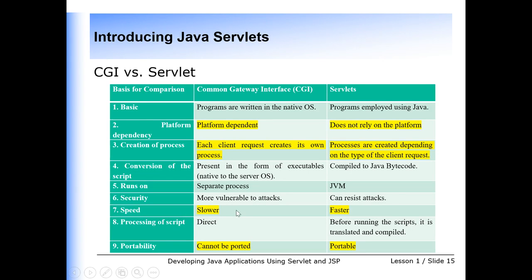In terms of speed, CGI is slower than servlet, and CGI scripts cannot be ported while servlets are portable. Servlets are portable because servlets inherit the object-oriented programming features of Java. That was all about the comparison between CGI and the servlets.